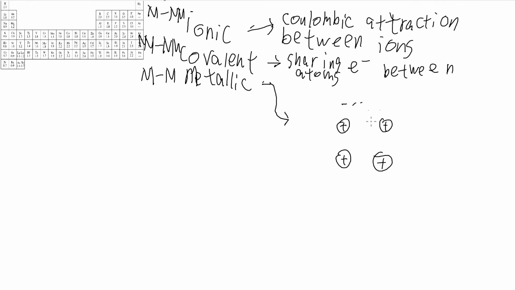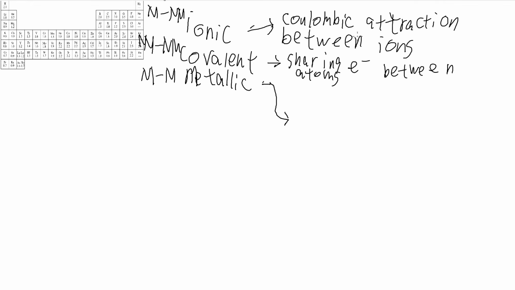So all these dots that I'm drawing here represent the electrons, and they can move any way they want. Now, this is a delocalized system of electrons. If I had drawn them in circular orbits, that would have been a localized system of electrons, and that would have represented something like a covalent bond.